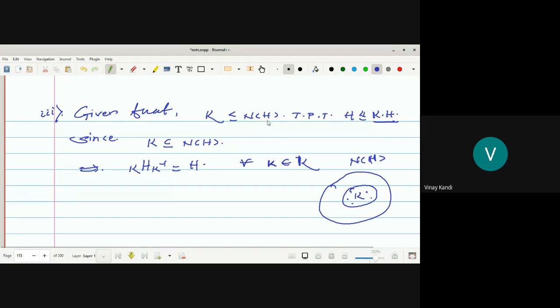So this implies small k into capital H is equal to capital H into small k.